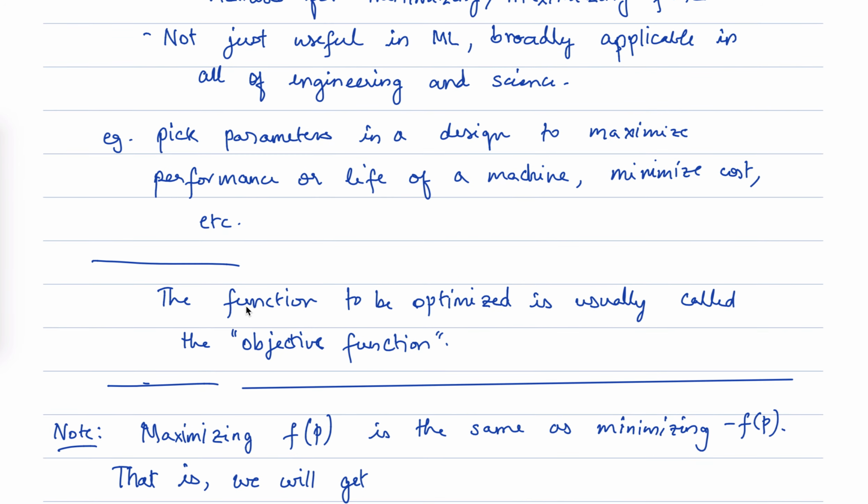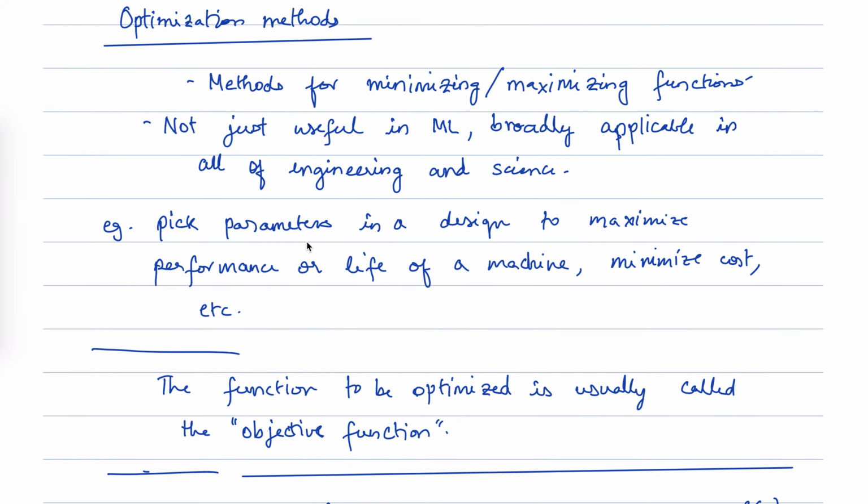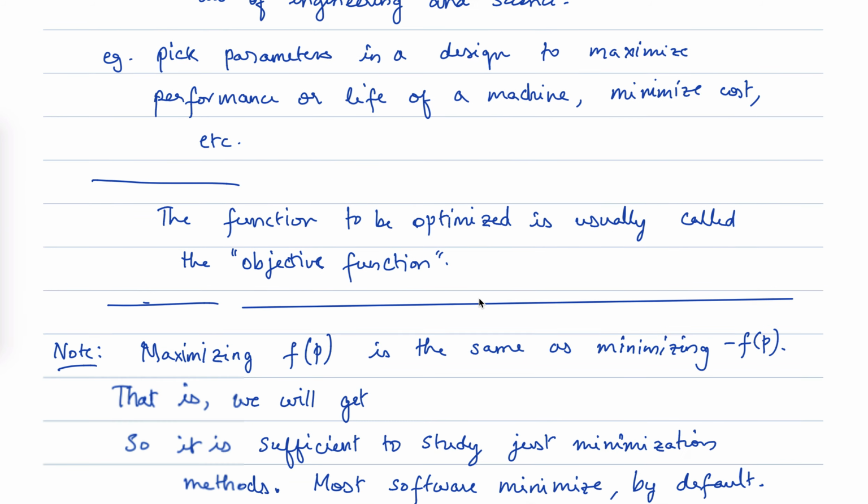Okay. Just some terminology here. The function that we want to optimize is usually called the objective function. That's the thing that you want to minimize, your objective. I've so far talked about minimization and briefly maximization, maximizing performance or life of a machine.